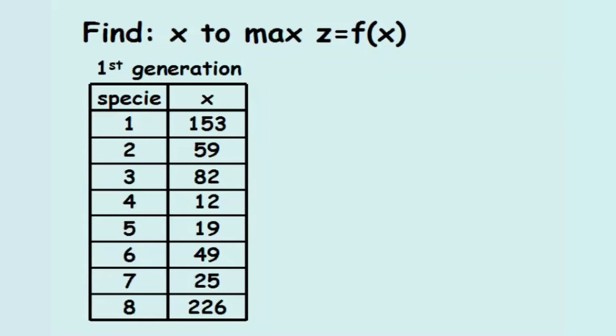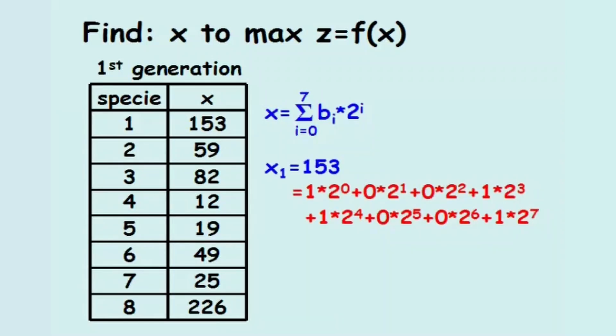Next, we'll represent these values of x as the sum product of binary numbers and powers of 2. Therefore, the first species of 153 would equal 1 plus 0 plus 0 plus 8 plus 16 plus 0 plus 0 plus 128.